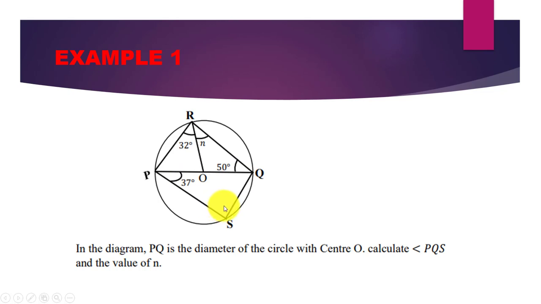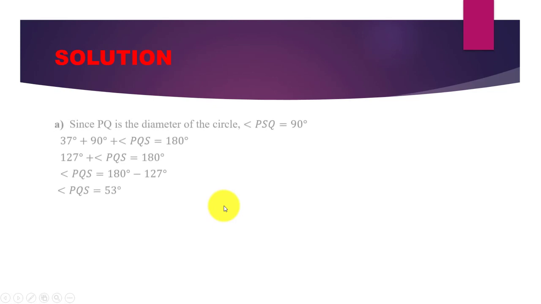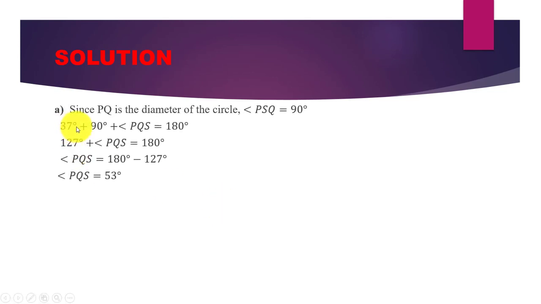And that is why we are getting the equation 37 degrees plus 90 degrees plus angle PQS equal to 180 degrees. Now, when we sum 37 degrees and 90 degrees, we get 127 degrees. But we are looking for angle PQS. So we take the additive inverse of 127 degrees. That is, we are subtracting 127 degrees from both sides.